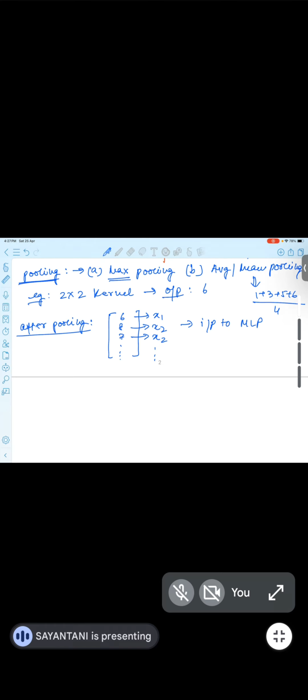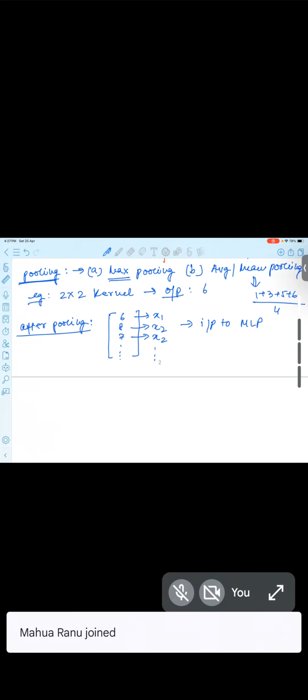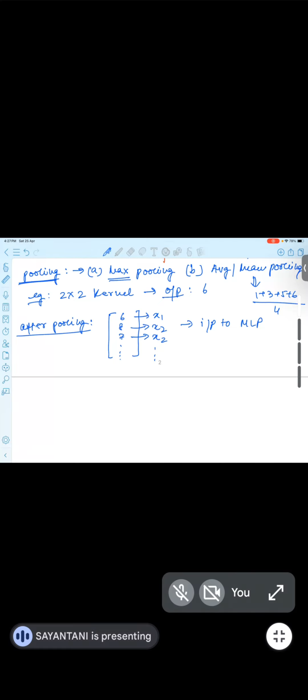Whichever class it belongs to, that perceptron will have an output of 1, and the rest of the perceptrons will have an output of 0. So this is the basic concept of the convolutional neural network. I hope till here there are no doubts.